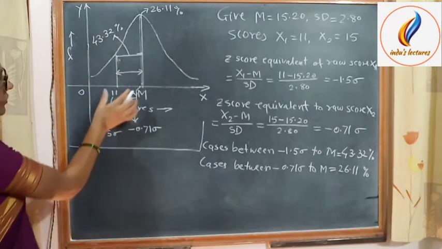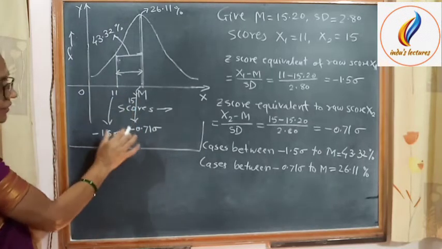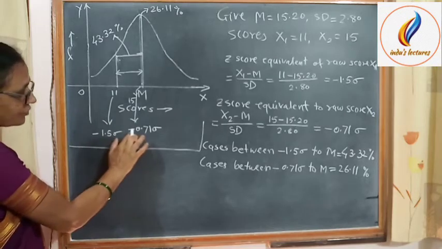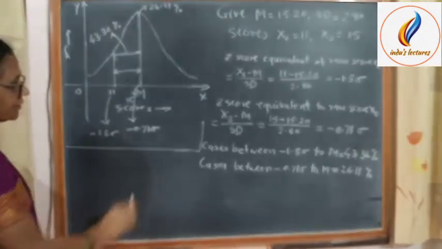Now we have to find the percentage between minus 1.5 sigma and minus 0.71 sigma.